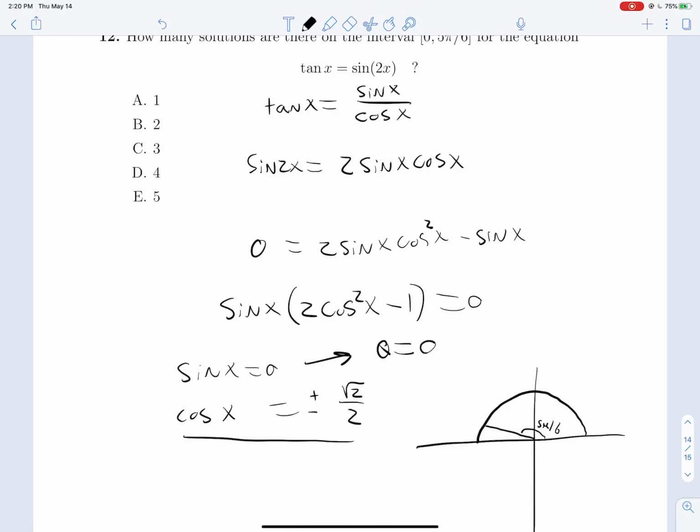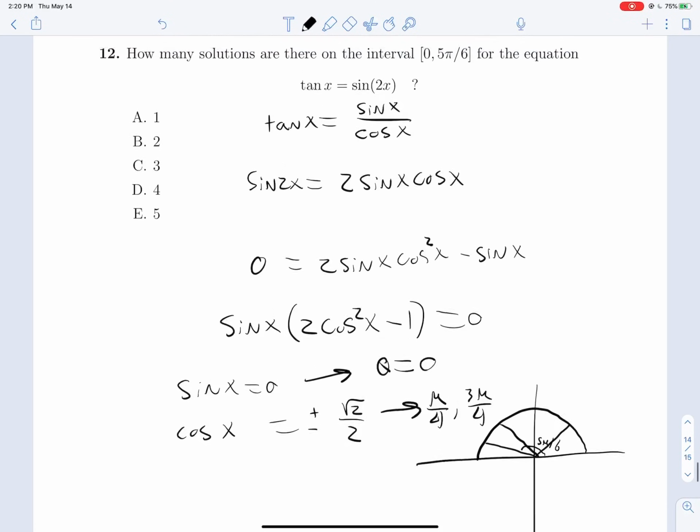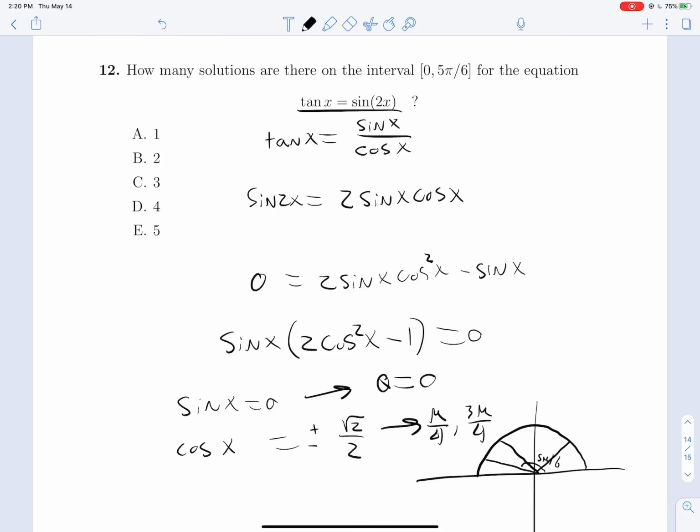And where is cosine x either root 2 over 2 or negative root 2 over 2? Well, that will occur at pi over 4 and 3 pi over 4. And so there we go. We have 3 different points where this function evaluates to 0, and so that will also make this function work up there as well. That is answer choice C for number 12, and we are done.